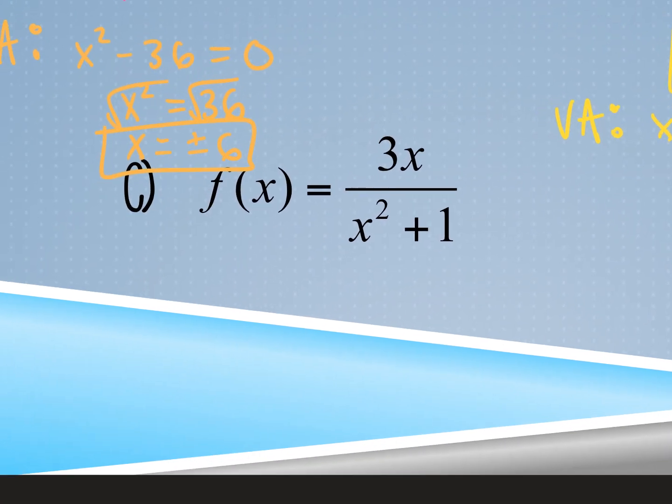All right, let's look at C. So how do I find my horizontal asymptote? Let's do horizontal first. The degrees. So the degree of my numerator is what? 1. What's the degree of my denominator? 2. So my numerator is less than the denominator. What does it mean when my numerator is less than the denominator? y equals 0.